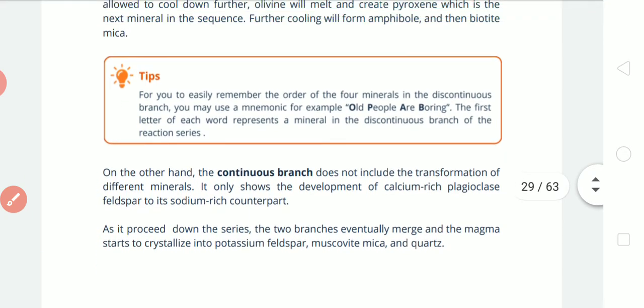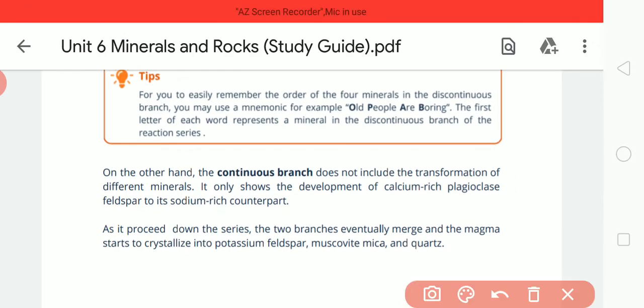On the other hand, the continuous branch does not include the transformation of different minerals. Because what we can observe along the discontinuous branch is that at each different stage of temperature and further cooling, the type of mineral changes. From olivine it becomes another mineral, and with further cooling it becomes another again.